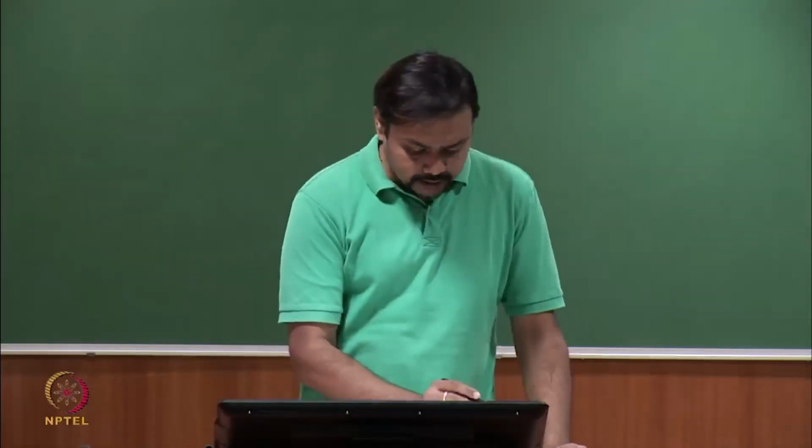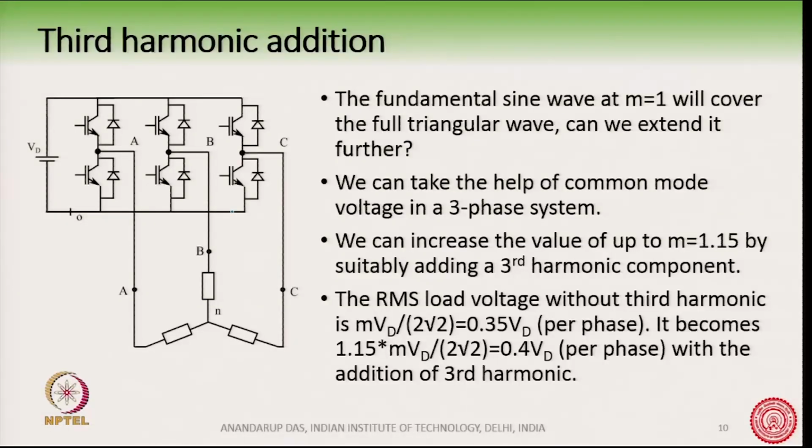So, you can see here there is a 3-phase converter drawn, and with sine triangle PWM or sinusoidal PWM, we get a certain value of load voltage given a certain value of DC bus voltage.